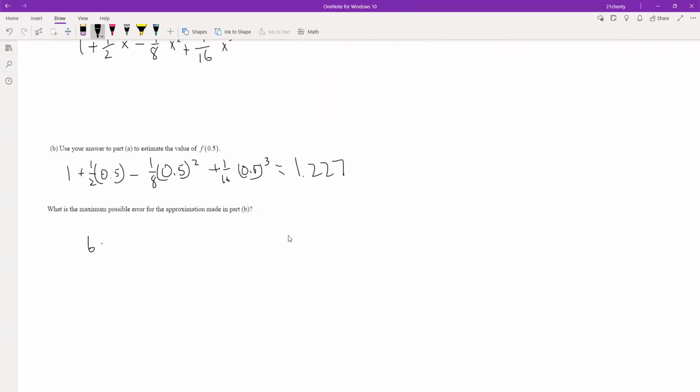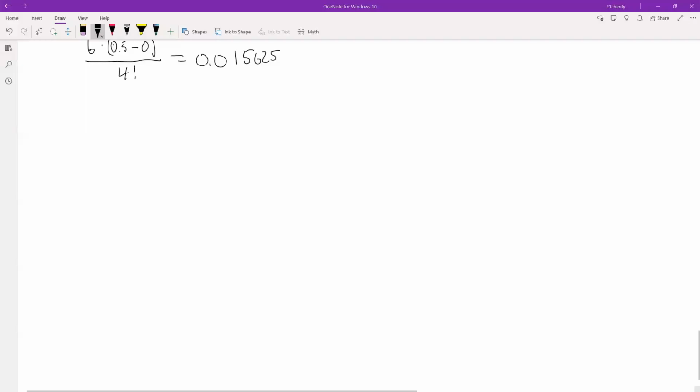So use 6 times 0.5 to the 4th, because this is just 0.5 minus 0, because that's where the polynomial is centered, over 4 factorial. And we're using 4 because we went to n equals 3 in part B, so now we'll go n plus 1, which is 4. And then when we calculate this out, we get 0.015625. So that is number 9.